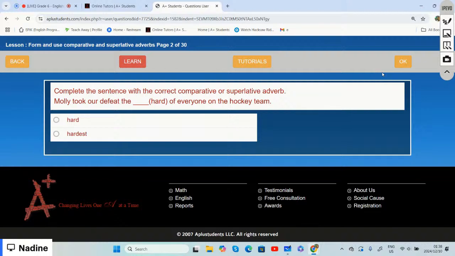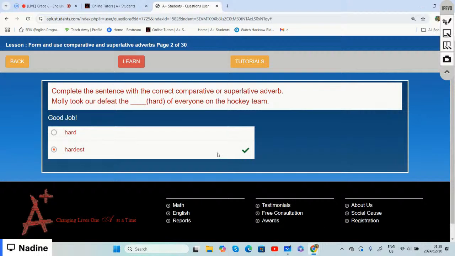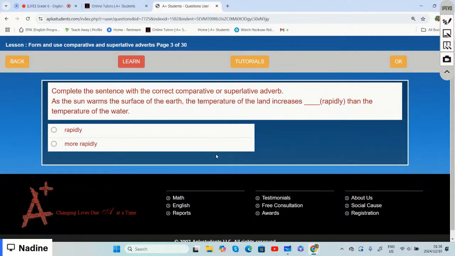And if we were to choose the correct option, then yes, option two. Molly took our defeat the hardest, and we added est. That is our superlative adverb.